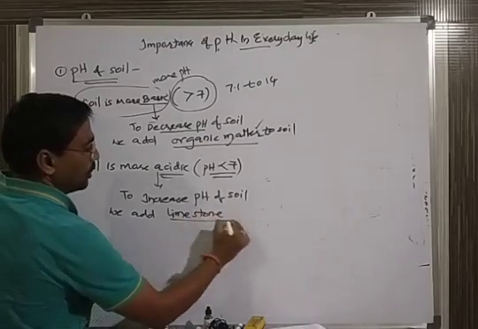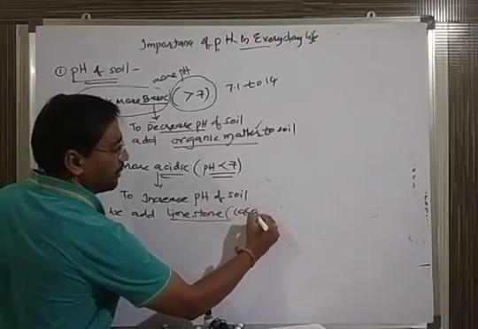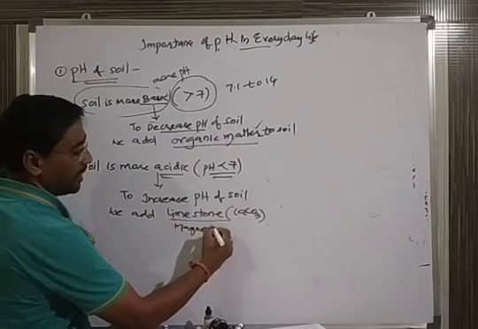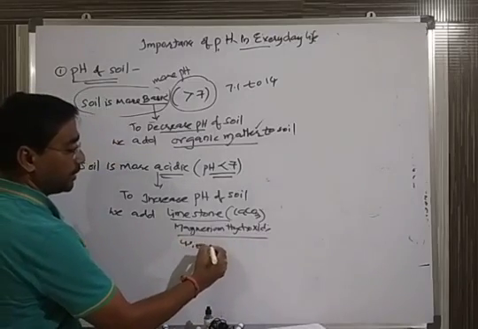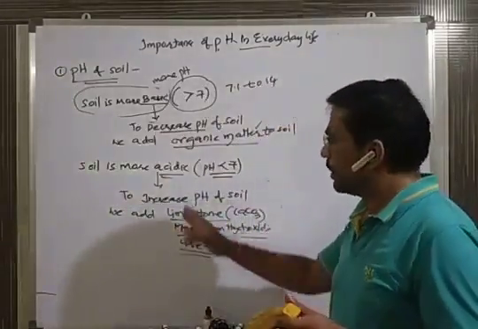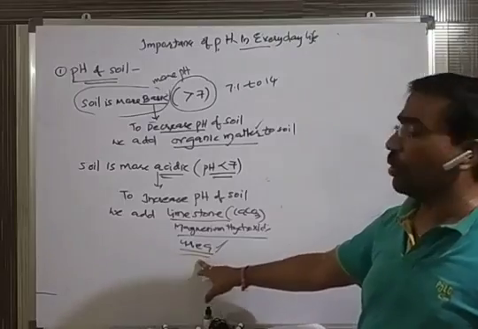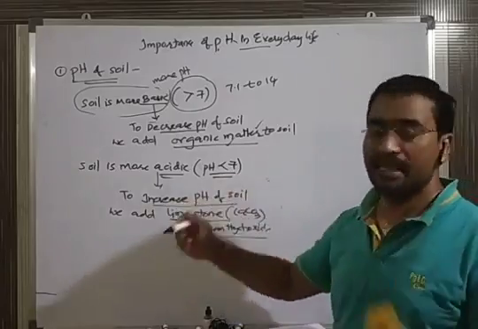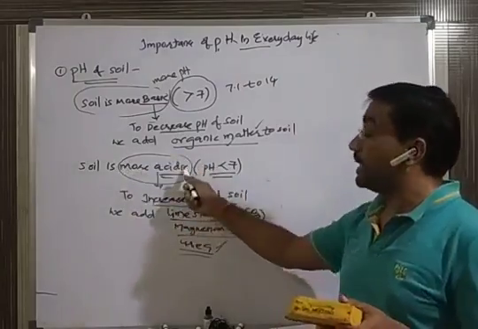We add limestone. Do you know limestone? Normally we use limestone, which has calcium carbonate, and we also use magnesium carbonate, magnesium salts, magnesium hydroxide, or sometimes urea. We hear the word urea frequently, and we use urea in different ways. We use urea to increase the pH, to make the soil a little bit basic, that is, to decrease the acidic nature of soil.